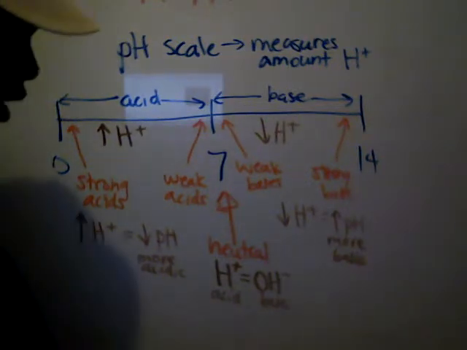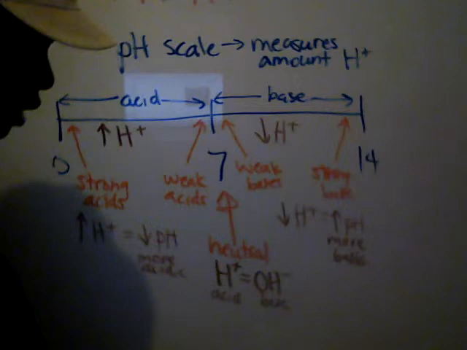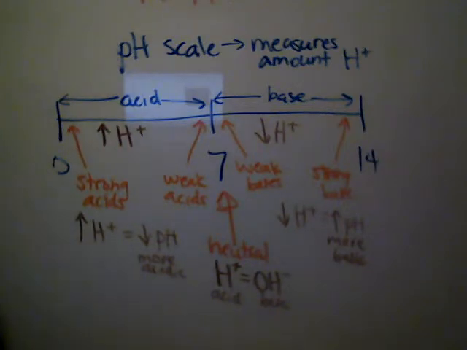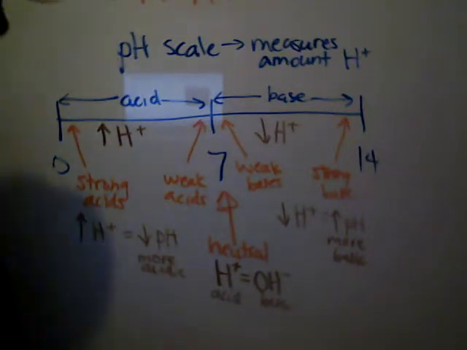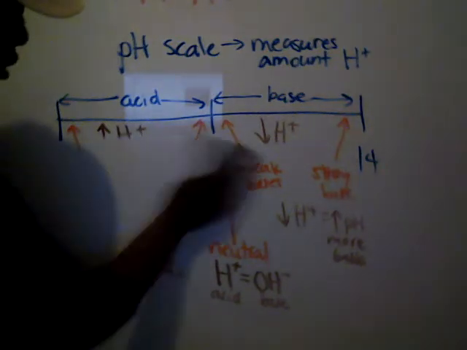All right, next, let's go into some of the definitions of what an acid is and what a base is. You may have talked about Arrhenius, Bronsted-Lowry, and Lewis. These are scientists that came up with definitions of how we could define what an acid is and what a base is.